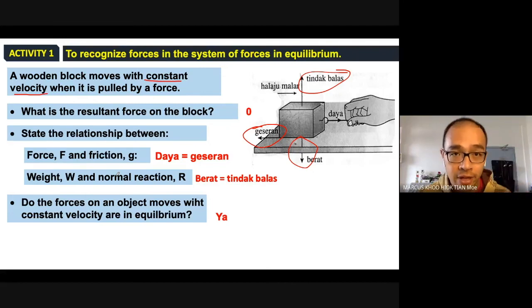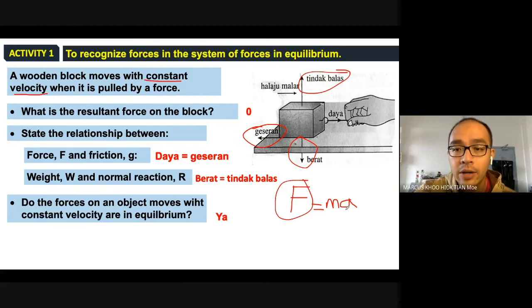Which we established a long time ago, with this formula, which is F equals to ma. The resultant force equals to the mass times acceleration. If the resultant force is 0, acceleration will be 0, which means that it moves with a constant velocity. It moves, it just does not accelerate. The important difference is there.